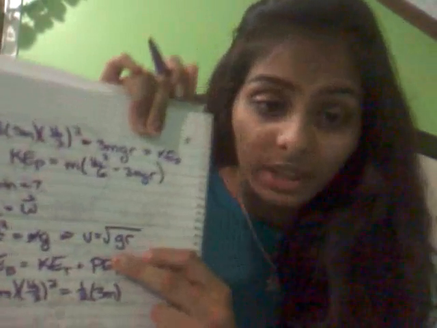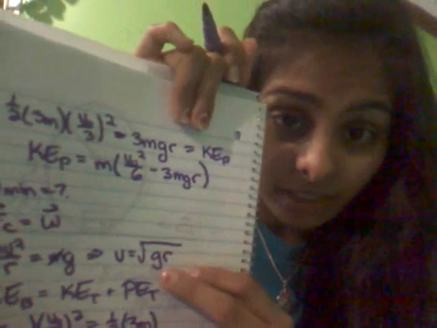So we have 1/2, again, times the total mass. But this time, we use this v that we just found, because that's the v at the top. So radical gr squared plus 2r, because that's the height, times the total m, so 3m times g.